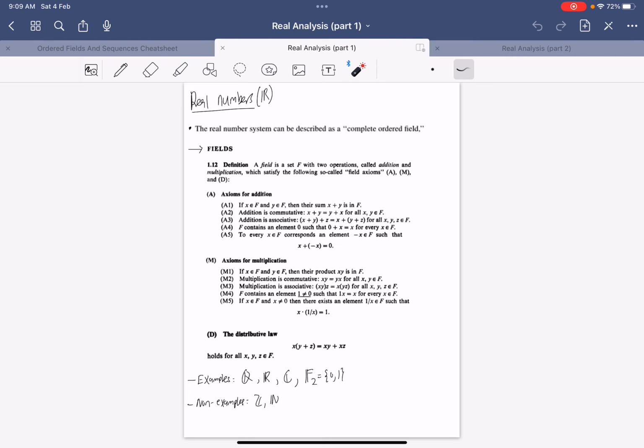But we are really diving right into the basics and expanding on it to understand what real numbers are. The axioms for addition make it an abelian group, and the axioms for multiplication make it an abelian group as well. Together they form a commutative ring basically.